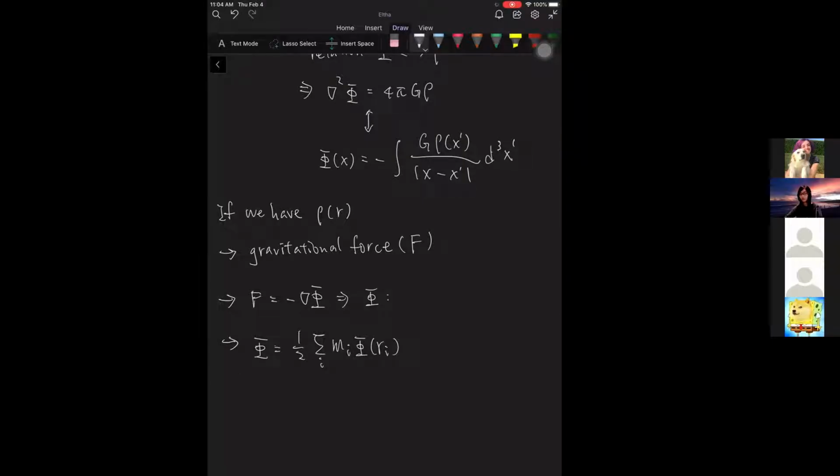Let's write it more clearly: this is the gravitational potential, and this is the gravitational potential energy.